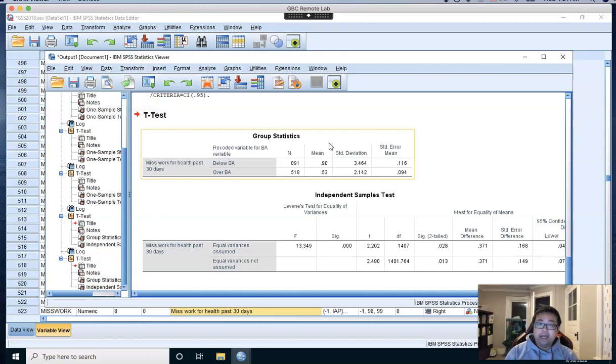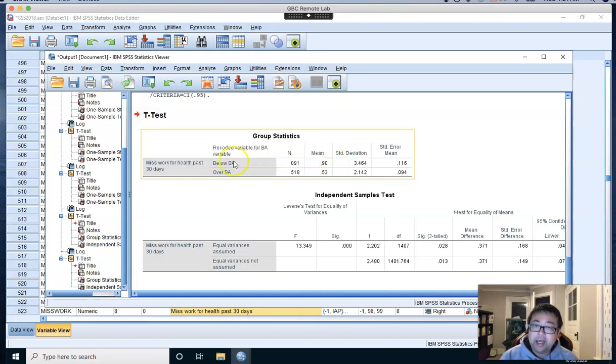So on average, they miss work around 0.9 days in the last 30 days. In a year, maybe if you multiply by 12, you can calculate whether they missed some working days because of the health condition. But this time, we can compare the mean level.